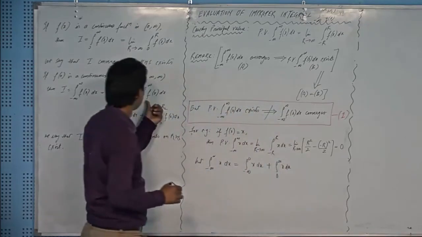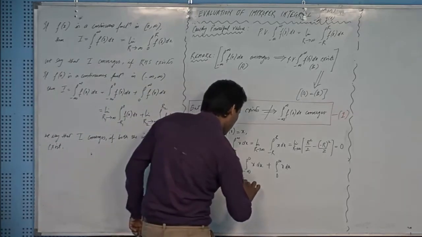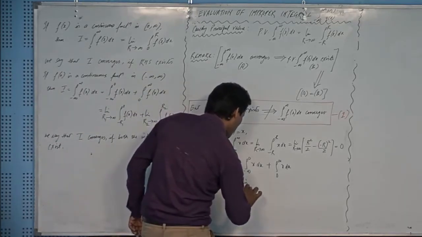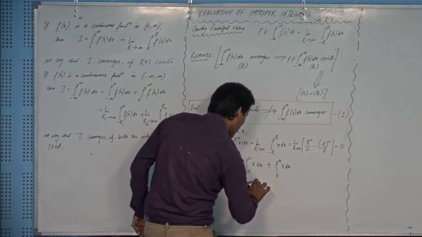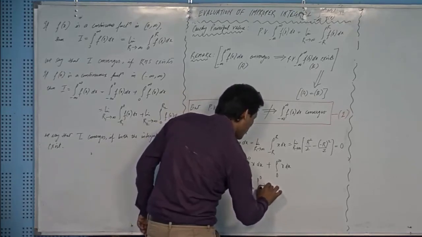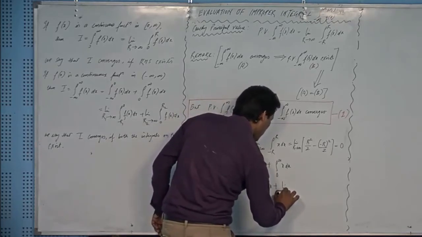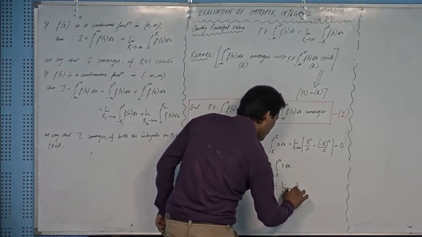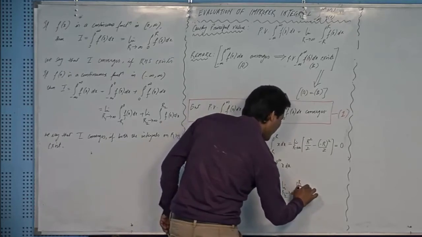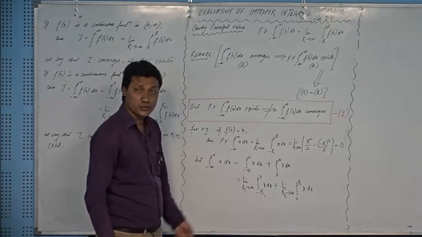I am using this rule this time, and then writing limit R1 tends to infinity, and here I will have minus R1 to 0 x dx plus limit R2 tends to infinity 0 to R2 x dx, and you will integrate it, you will get x square by 2.